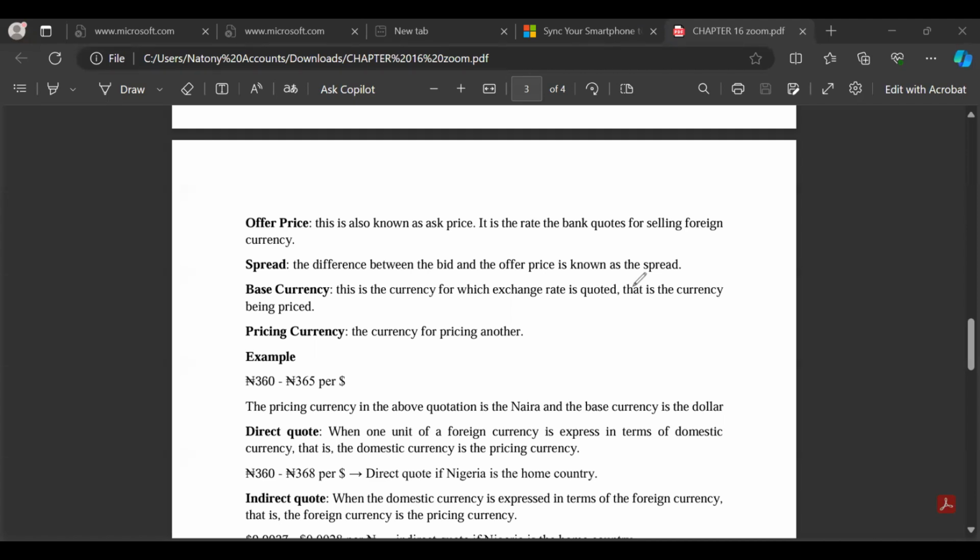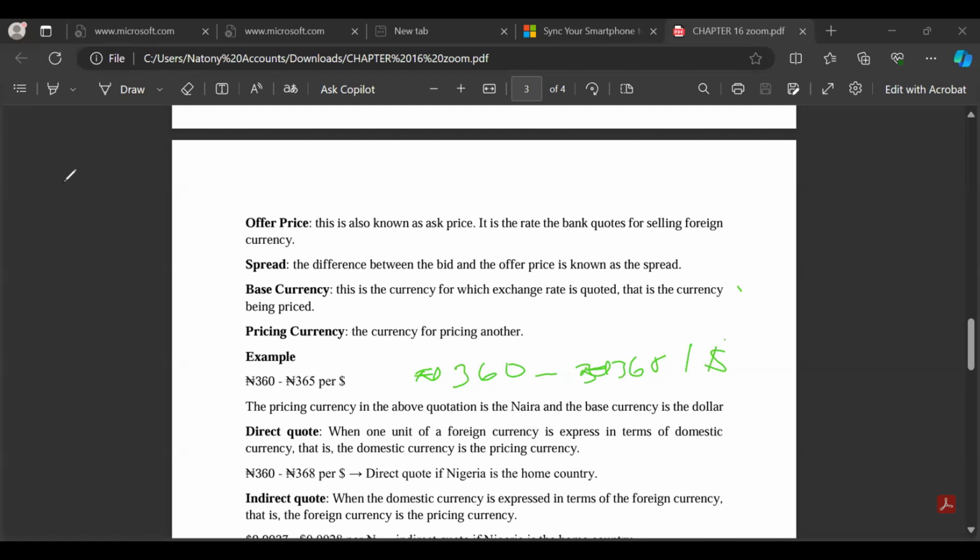The base currency is the currency for which exchange rates are quoted. That is the currency that is being priced. So like the diagram I have before, 360 to 365 per the dollar.